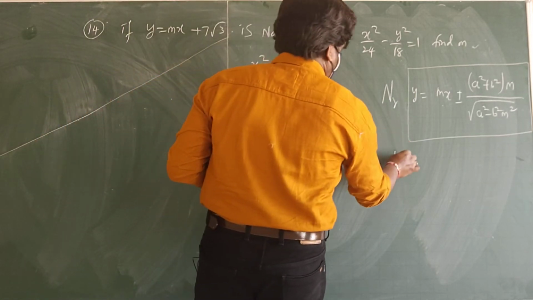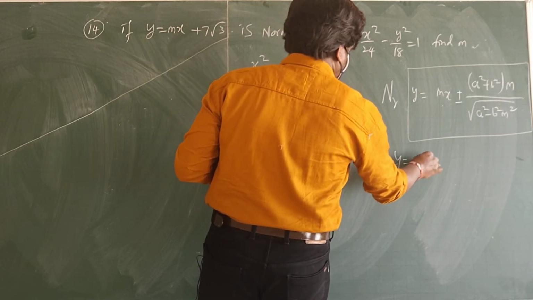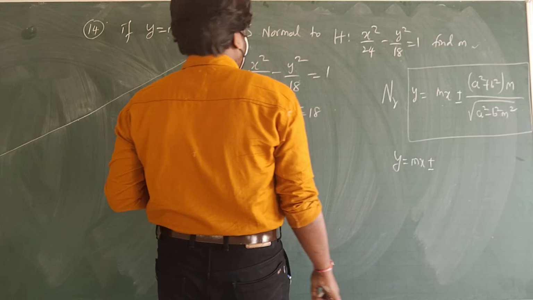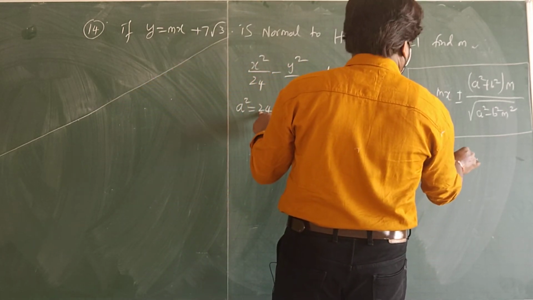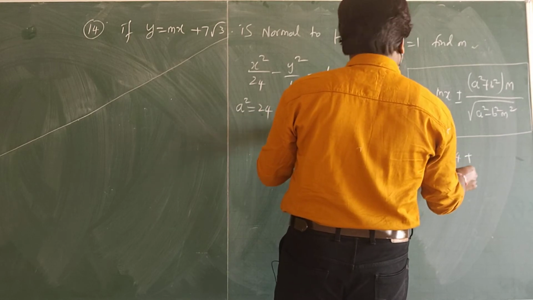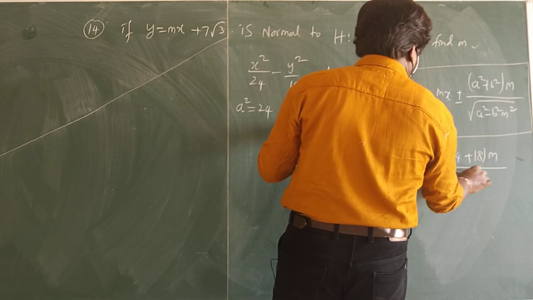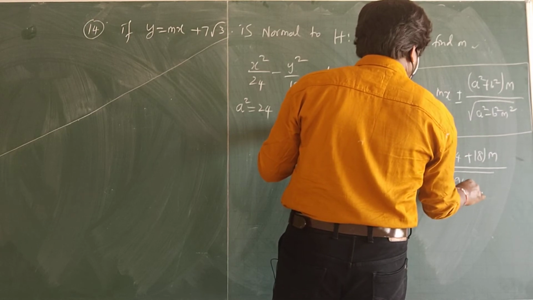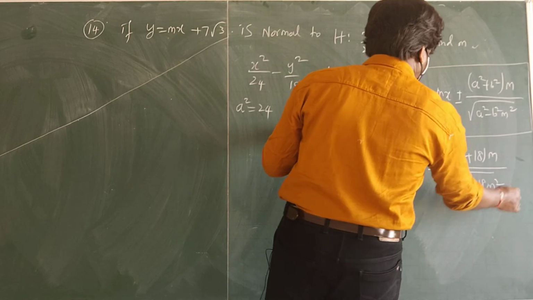So what I get here, y is equal to mx plus or minus (a square plus b square) into m divided by under root of (a square minus b square m square), that is, 24 plus 18, into m divided by under root of 24 minus 18 m square.